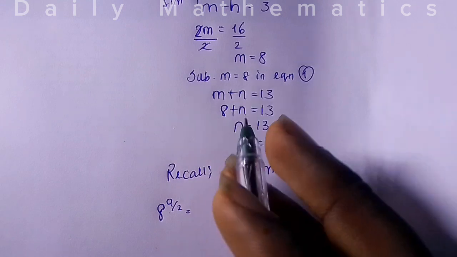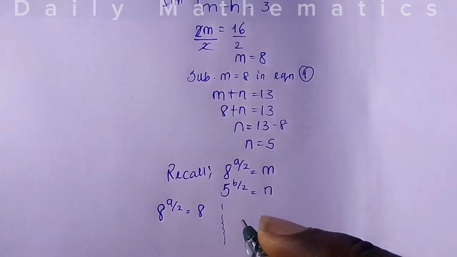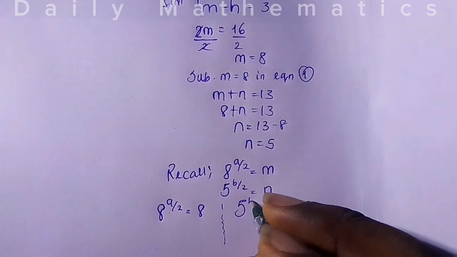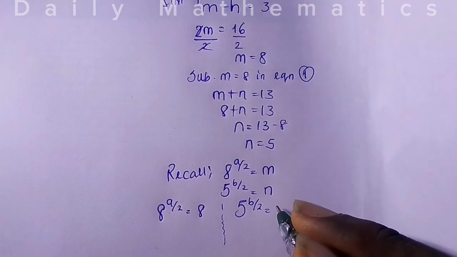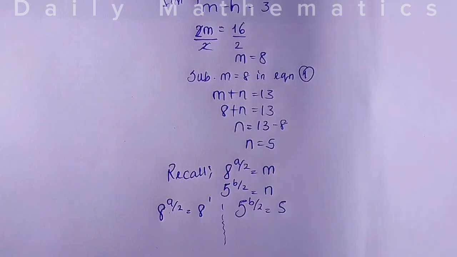M is 8 here, so equals 8. And 5 raised to the power of b over 2 equals n. N is 5. So from here, we have 8 raised to the power of 1, and 5 raised to the power of 1.